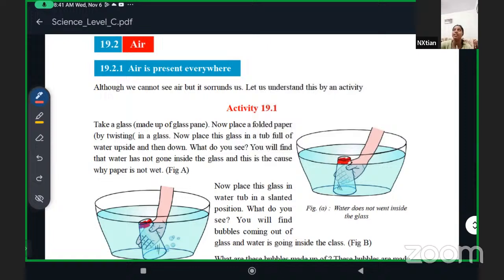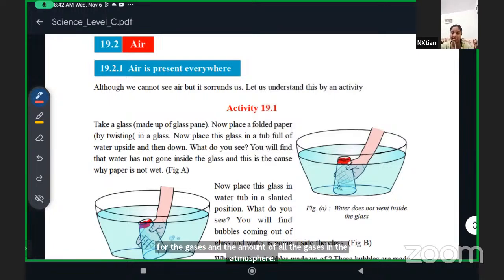Yes. Air is a mixture of a lot of other gases such as oxygen, carbon dioxide, nitrogen, which again have a lot of functions. Oxygen helps us to breathe, carbon dioxide helps the plants, nitrogen helps to balance all the gases and the amount of all the gases in the atmosphere.